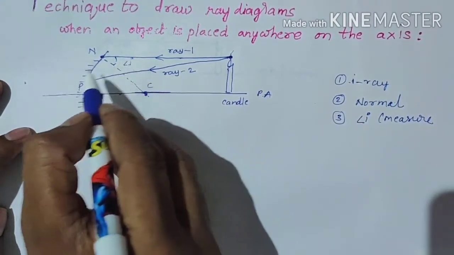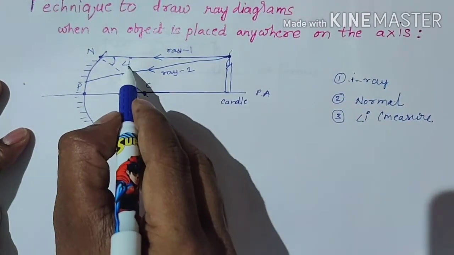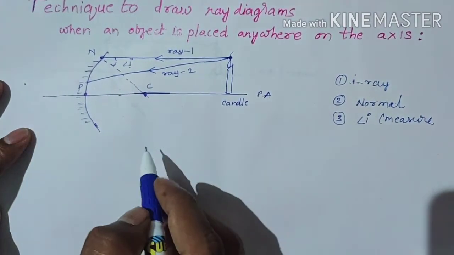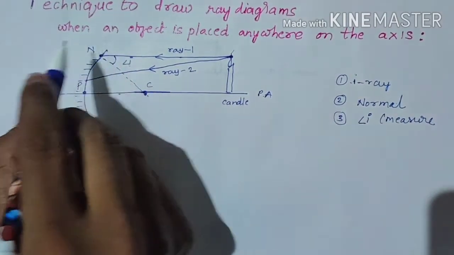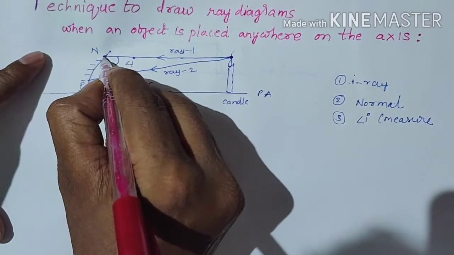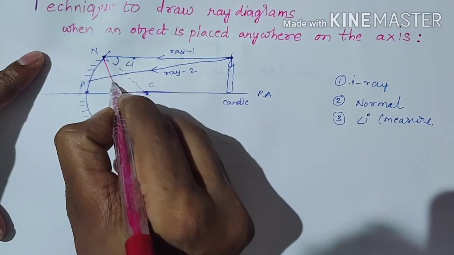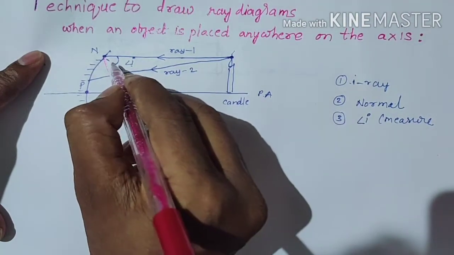With this much angle you have to construct the reflected ray. If this is 30 degrees, you have to construct a reflected ray with an angle equal to 30 degrees. So I am drawing the reflected ray here, by making an angle equal to the angle of incidence. This is the reflected ray.